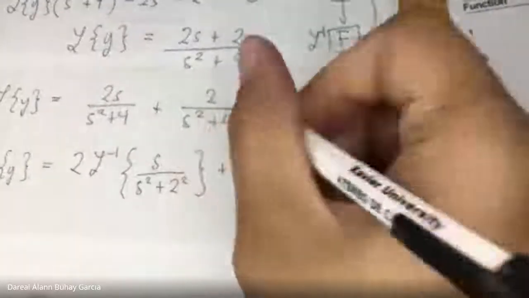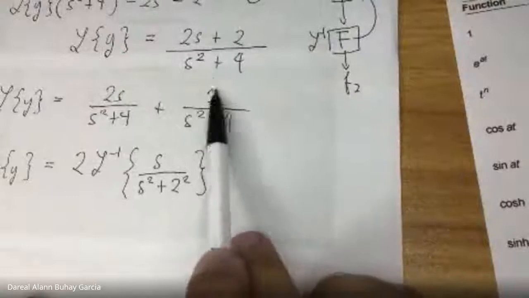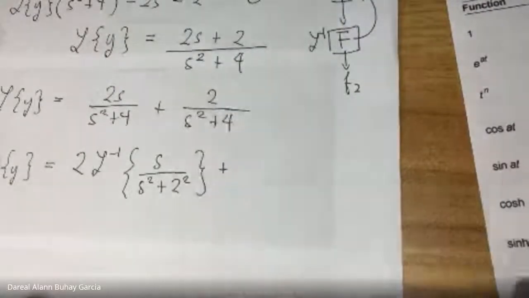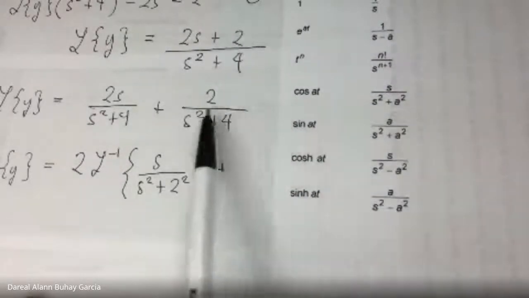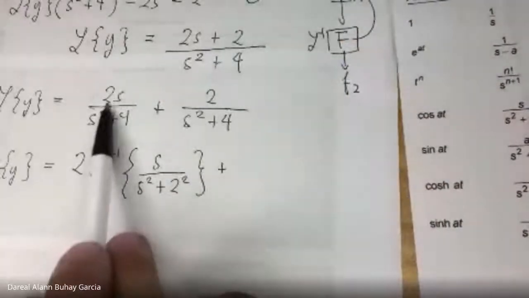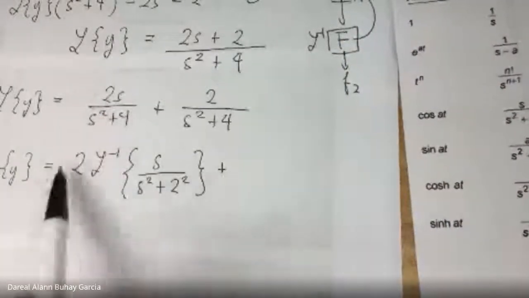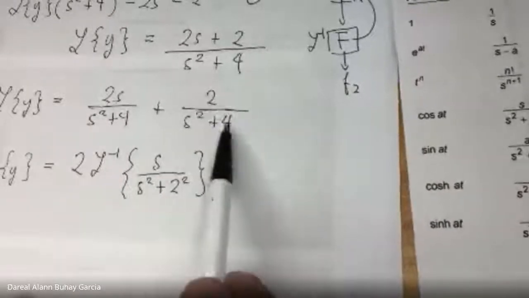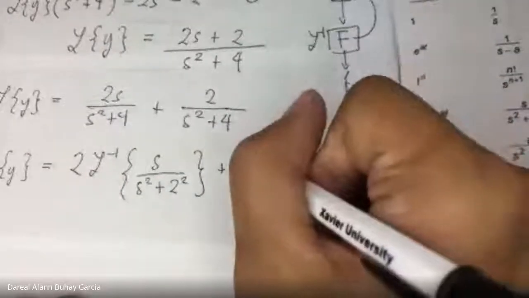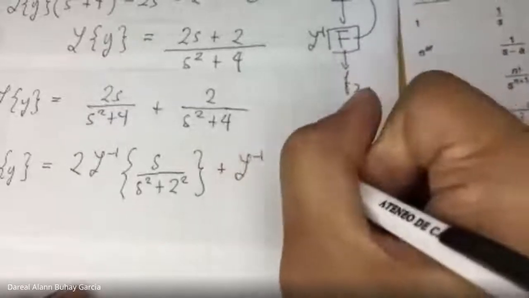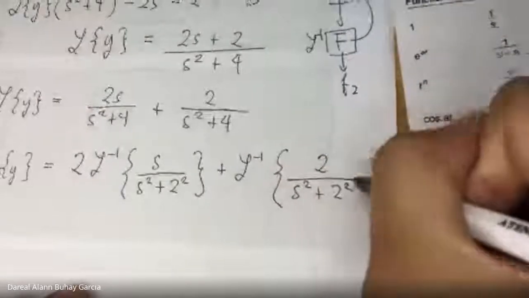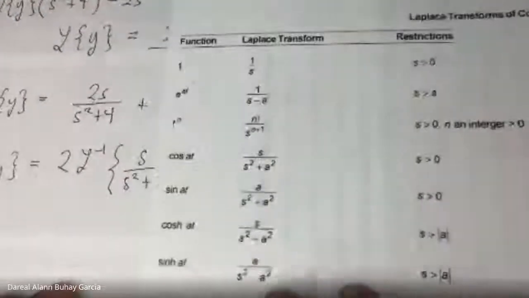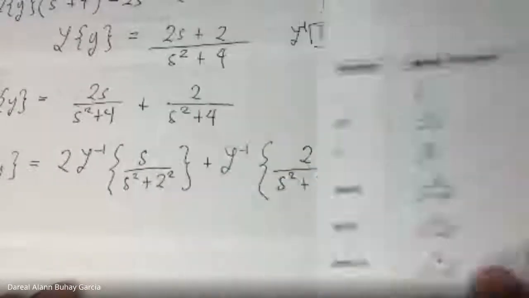Plus the second term. Now, we can't pull this out because this is the a, it's part of the inverse Laplace. The inverse Laplace of 2 over s squared plus 2 squared makes our a equal to 2.